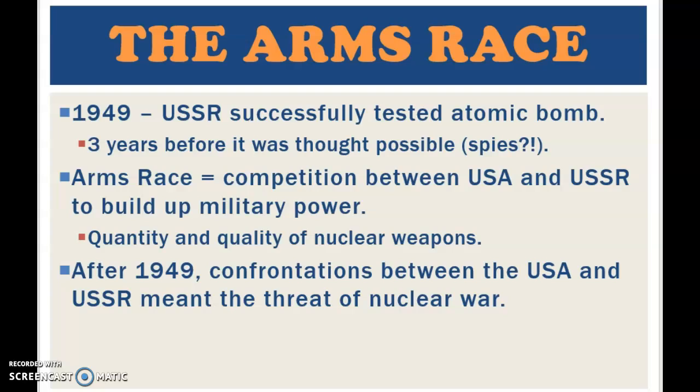This arms race is about quantity and quality, right, of nuclear weapons and just about military power in general. So it's definitely about nuclear weapons, but it was also about aircraft and tanks and sonar and radar and all sorts of other technologies that we could compete with the Soviets on, all right?